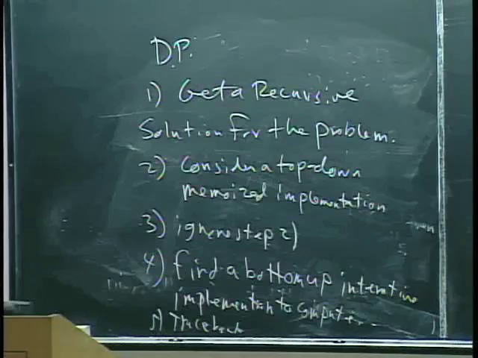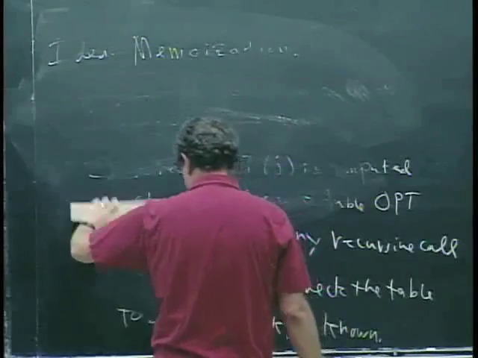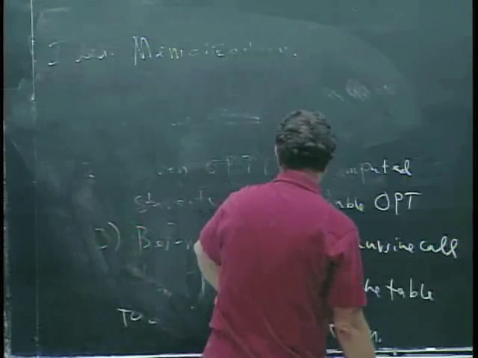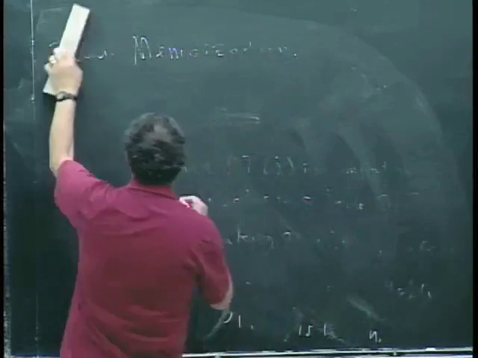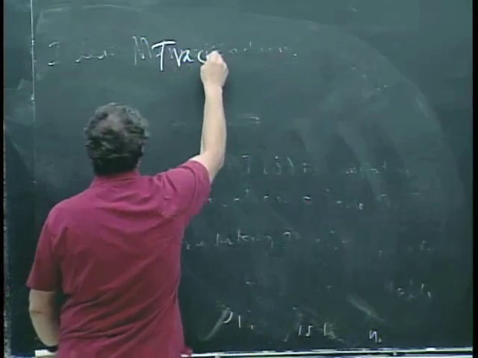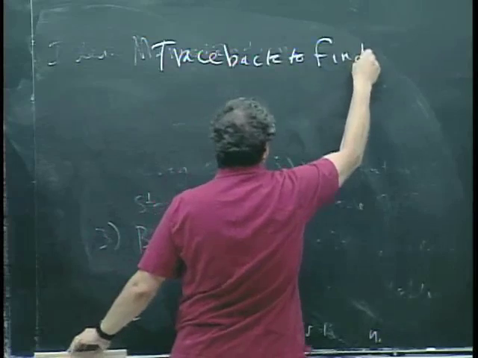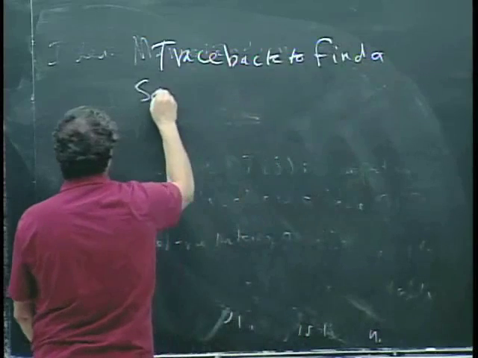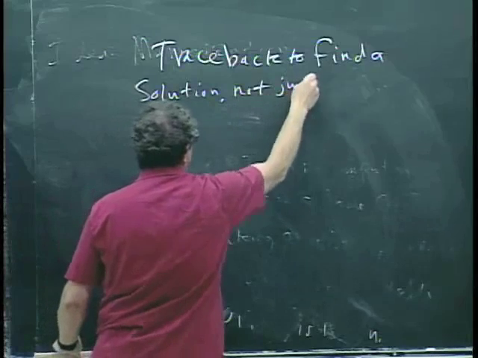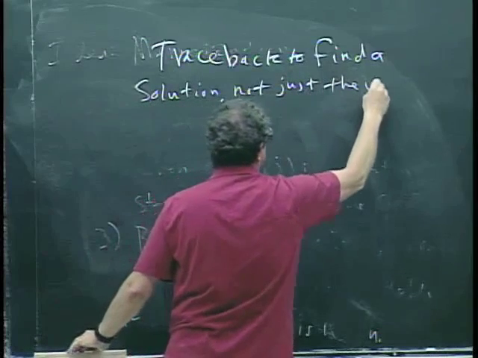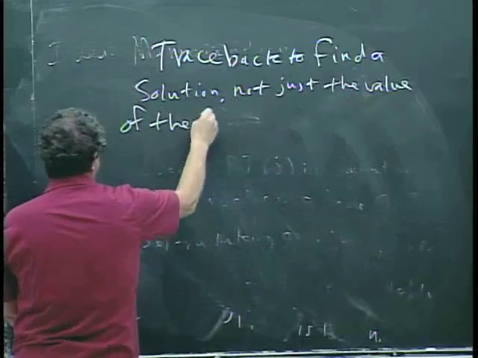So the last component of a dynamic programming solution is how you do the traceback. Traceback to find a solution, not just the value, of the solution.